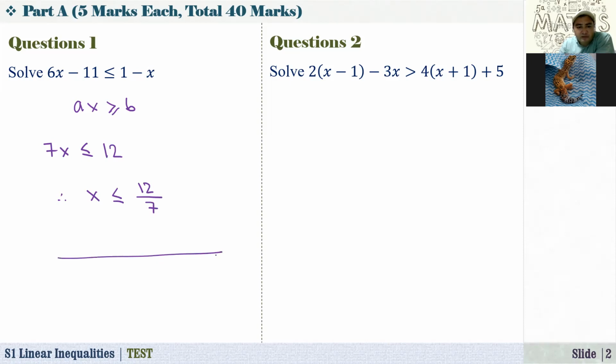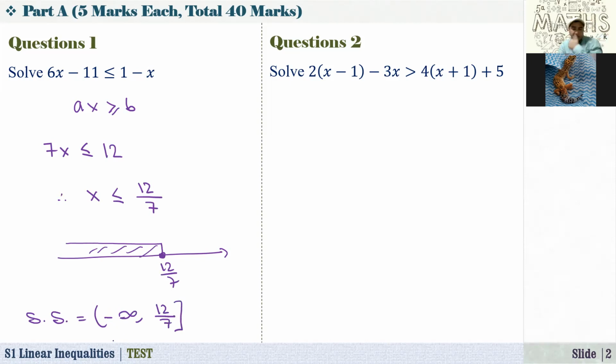On the number line, here we have inclusive 12 over 7. All the numbers to the left of this number will be the solution. And once again, it's just the first equation. The solution set will be from negative infinity to 12 over 7 inclusive.